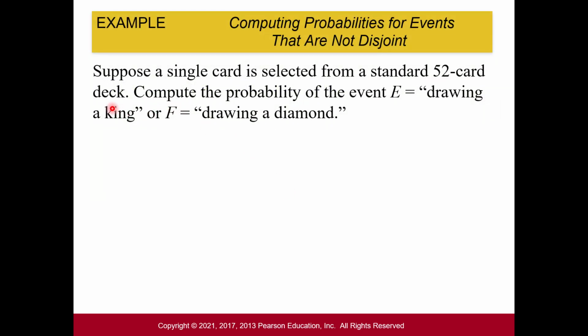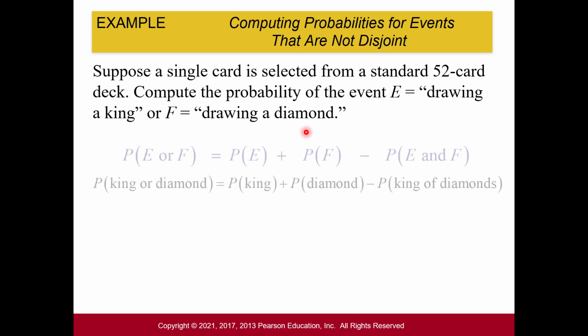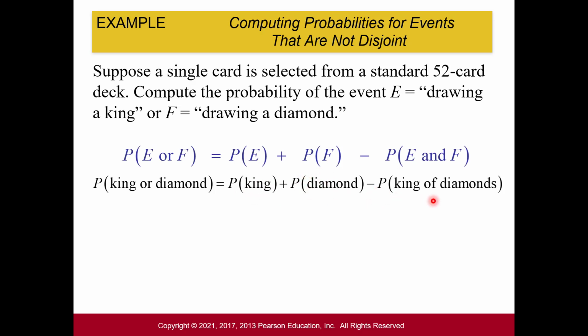So let's take a look at this example. Suppose a single card is selected from a standard 52 card deck. We're going to compute the probability of the event that we're drawing a king or that we're drawing a diamond. Using our general addition rule, we add the probability of drawing a king plus the probability of drawing a diamond, but then we have to subtract the overlap, which is the probability of drawing the king of diamonds.